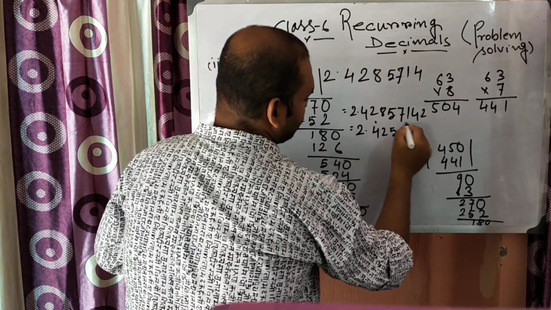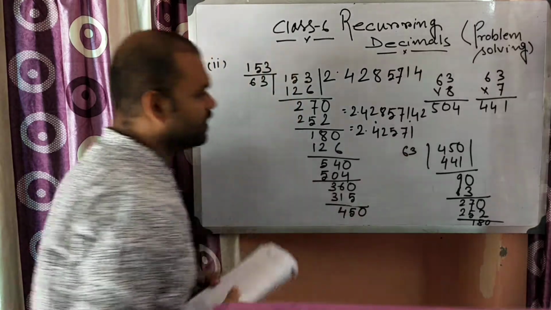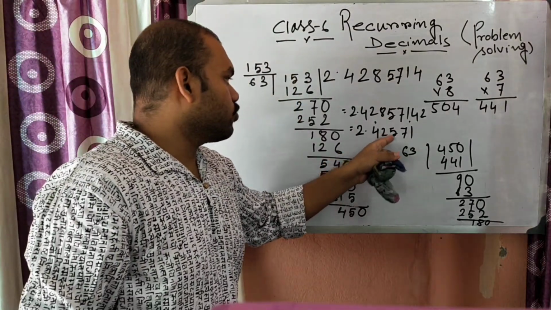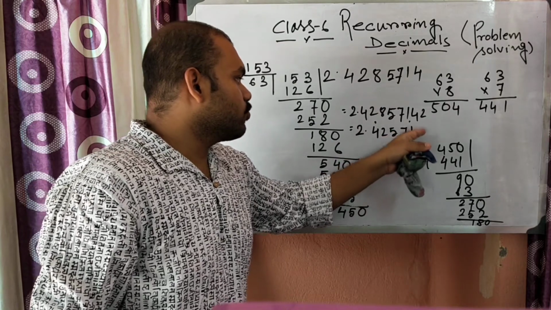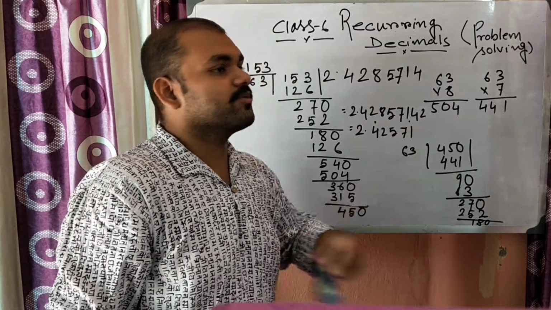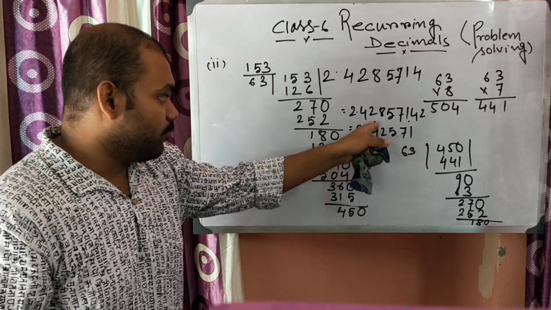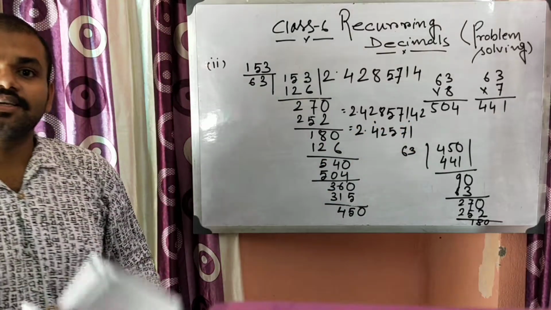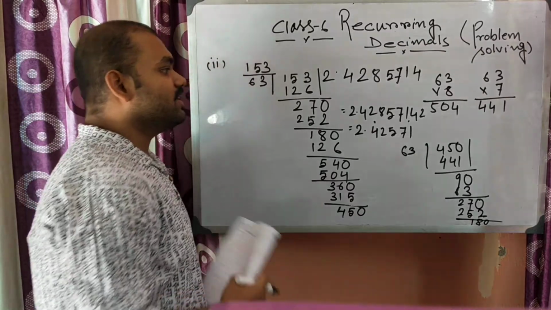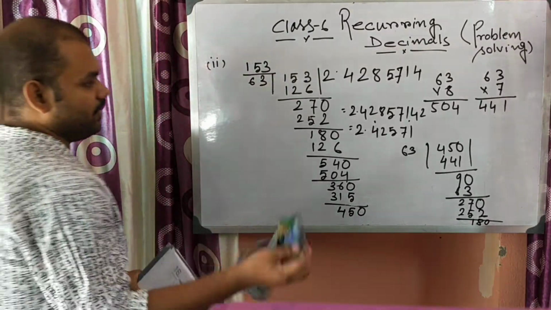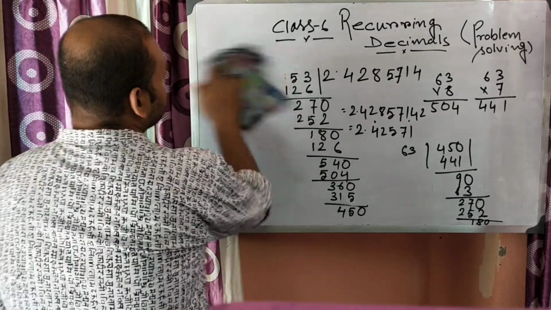So the answer will be 2.428571, 428571, 428571 up to infinite number. So we can put recurring points here. This one is a recurring decimal.